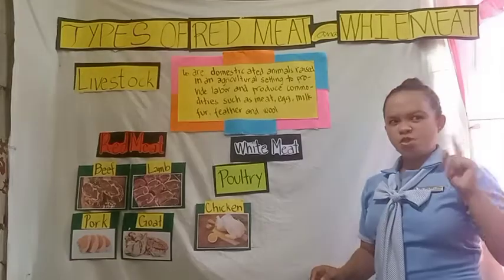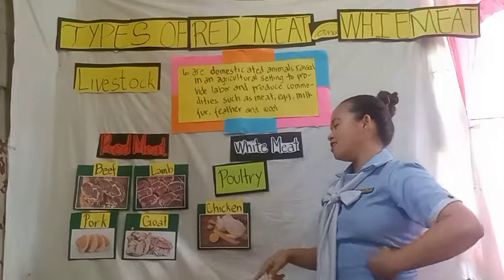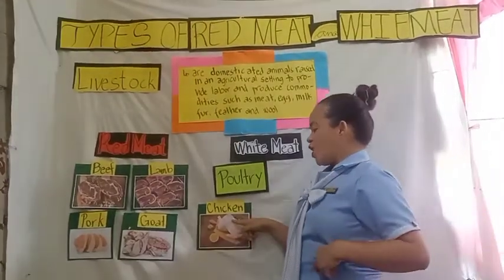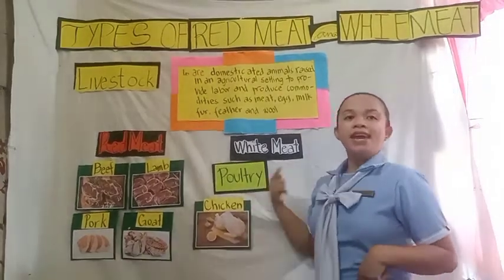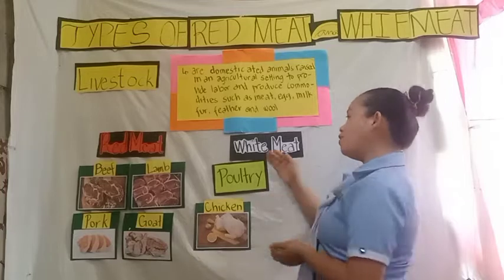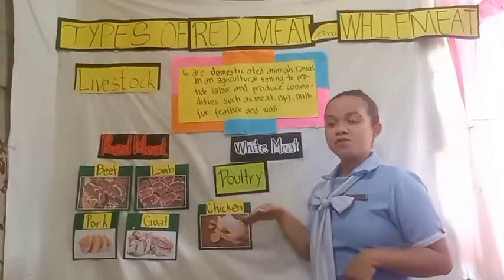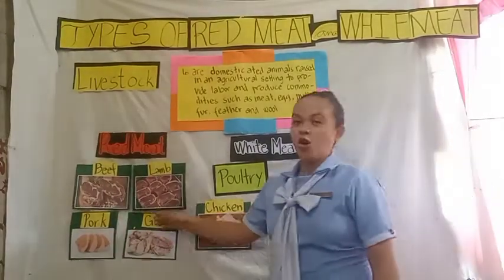Don't tell me that you have not seen it. The chicken has white meat. That is why it belongs to the type of white meat, because the meat itself is colored white. Very good. So it's very easy.